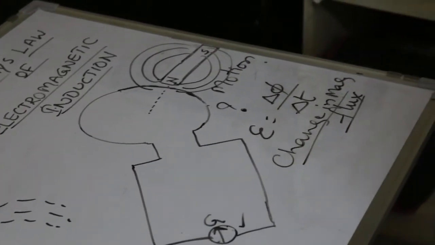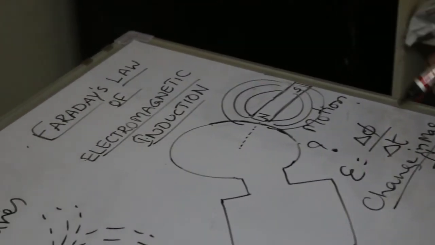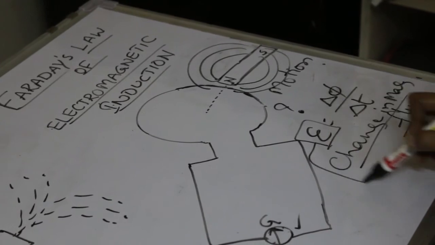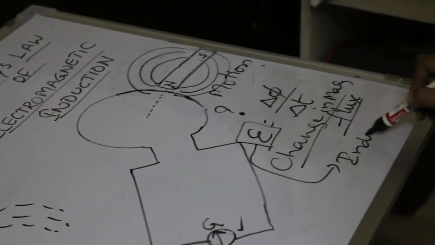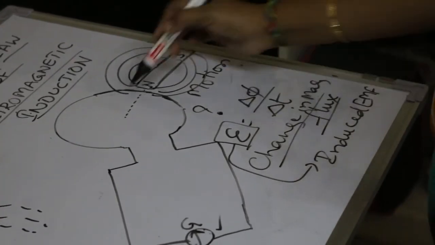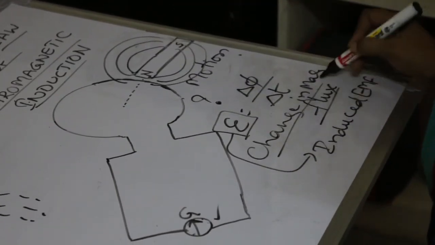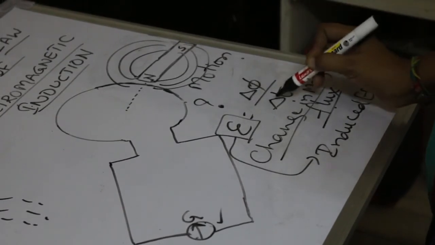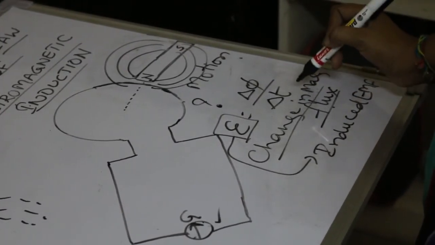So actually, Faraday's law of electromagnetic induction is nothing but that there will be an induced EMF in the coil when there is a change in magnetic flux. Delta phi indicates change in magnetic flux, delta t the change in time.